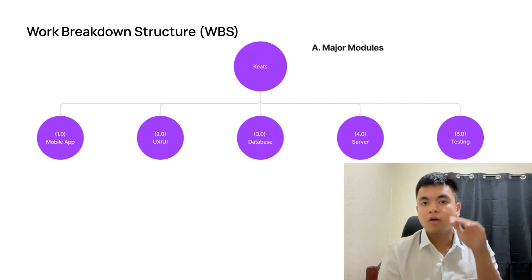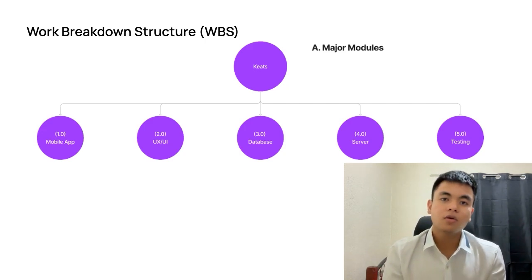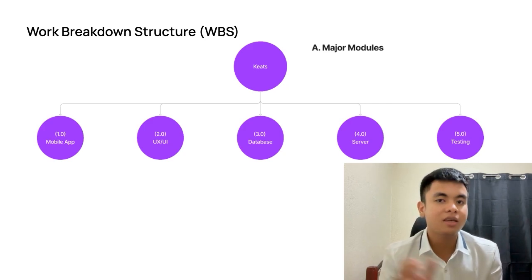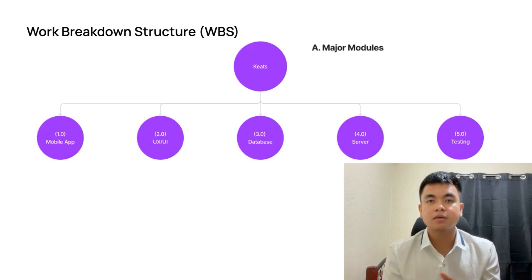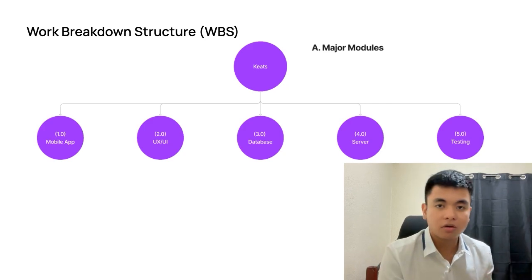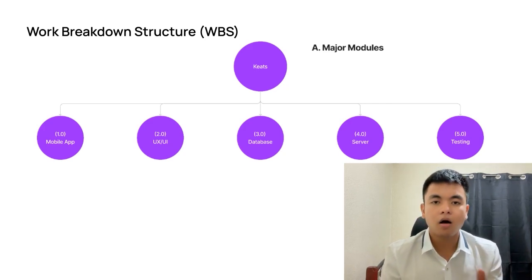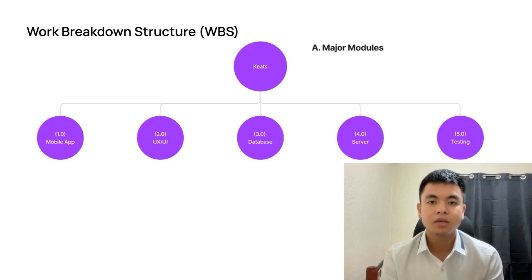Lastly is the testing, where we test each feature specified in the mobile app. We tested the looks, the flow, and overall the entire mobile app. That is our work breakdown structure.